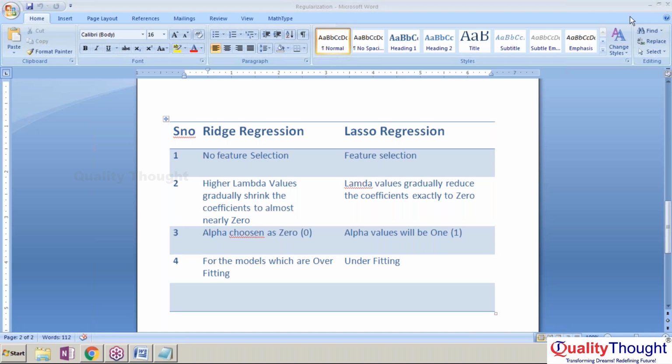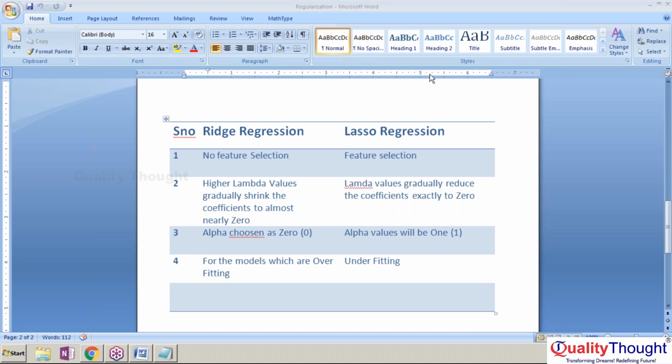When we have multiple variables together, definitely there will be a chance of high correlation between them, and the associated coefficients will be influencing the model. Shrinking of those coefficients is what ridge regression or lasso regression deals with.